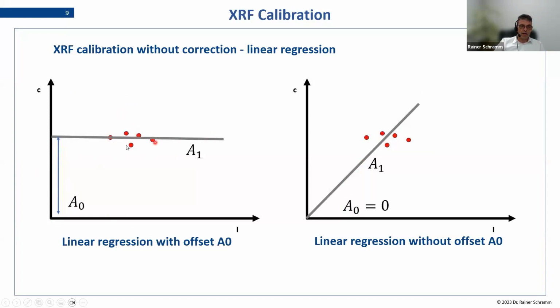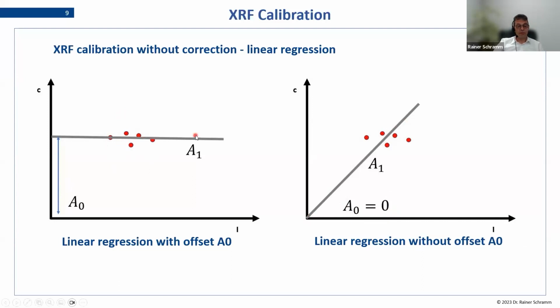So in this case, I would always recommend that you do not allow the calculation of A0, so that the 0 point is also part of the calibration. That means 0 concentration means 0 intensity. There are some software packages around which do not allow this. So A0 is always calculated. Then you have a problem.